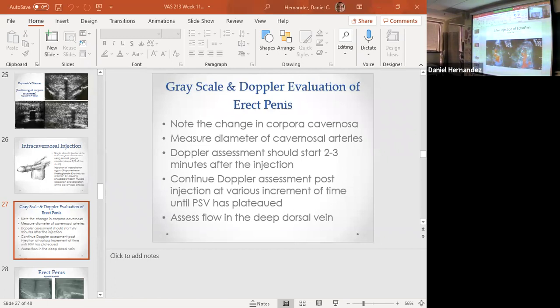Again, these are the right and left renal arteries after the administration of contrast. In this patient, we're able to identify multiple renal arteries.